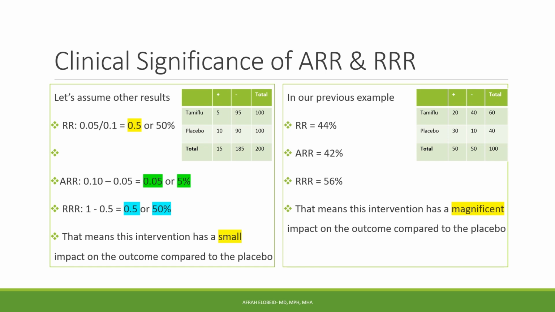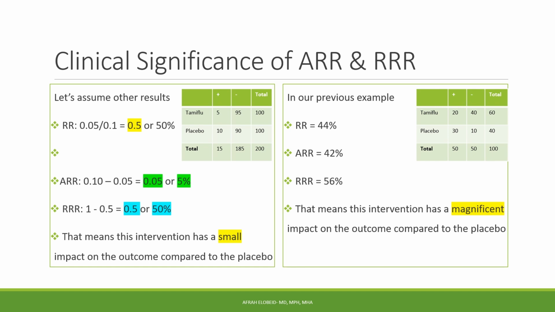What would be the impact of this in our practice is what we will discuss in our next video, because we need absolute risk reduction to calculate something called the number needed to treat. So if we want to apply this to the population, what is the number of people that we need to treat with this medication to see impact in the whole population? We're talking population-wise. So if we have a big absolute risk reduction, we will have a small number needed to treat.